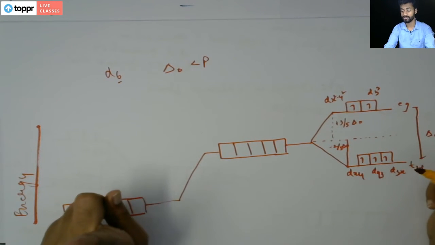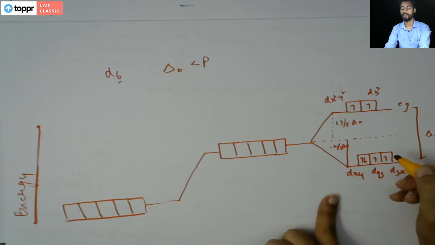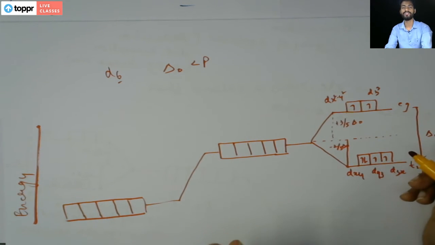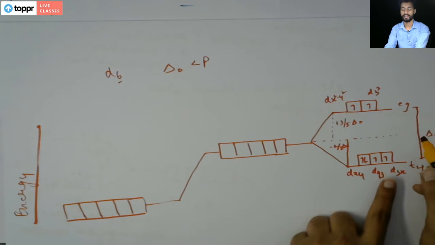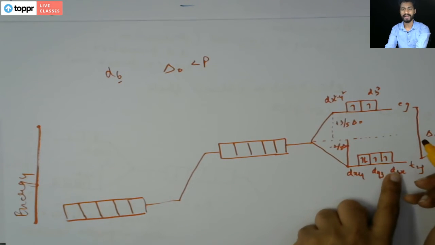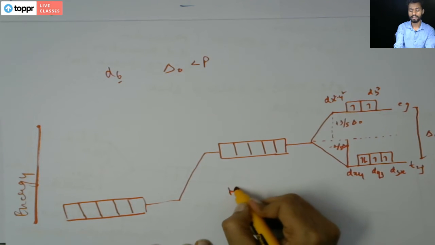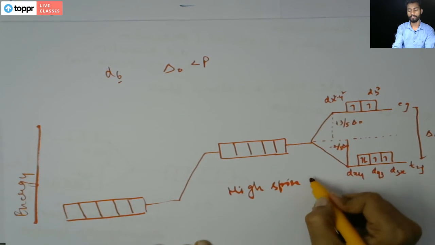Now we have one more electron, and that will come into this orbital. So we have one orbital which is completely filled, having 2 electrons, and all others are singly occupied. Clear? Since orbitals are singly occupied, I can say it is a high spin complex.